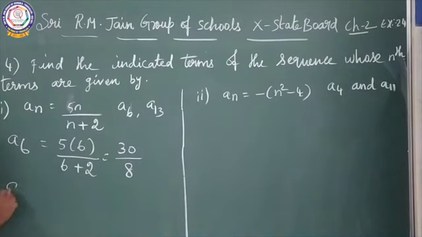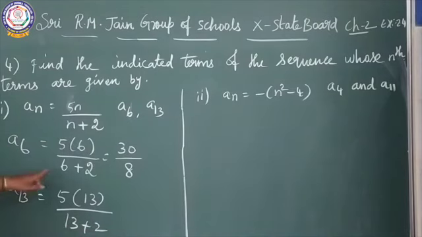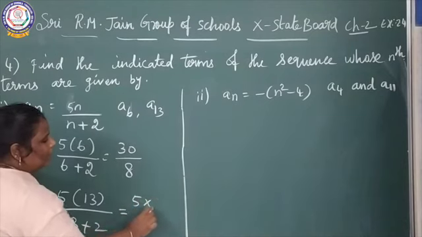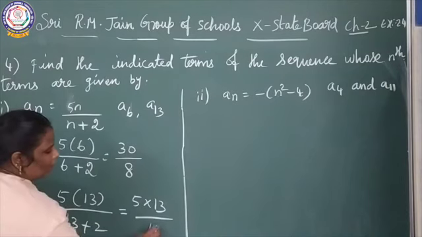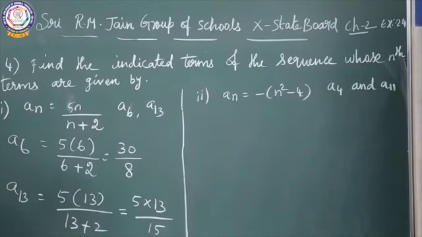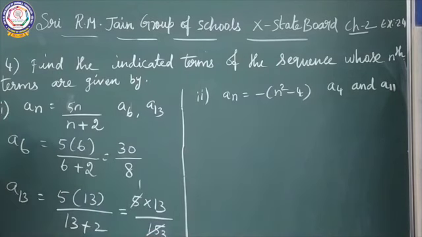Next, a13. a13 equal to 5 into 13. In the place of n, you replace by 13, 13 by 13 plus 2. So it gives 5 into 13 by 13 plus 2, what? 15. 15 means 5 ones are 5, 5 threes are 15.